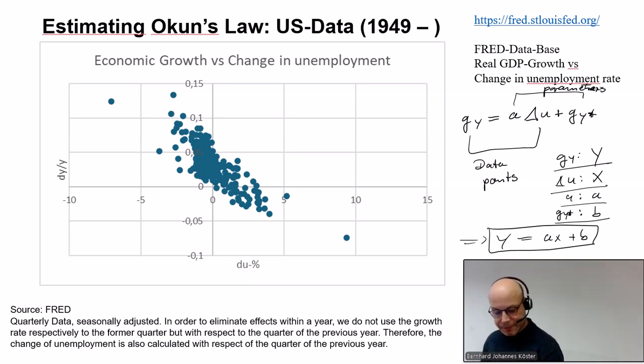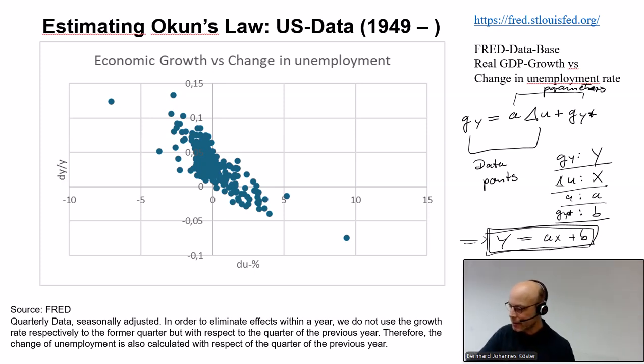And gy star, the economic growth rate of potential output, is then the intercept with the vertical axis of a model which represents just a linear line.